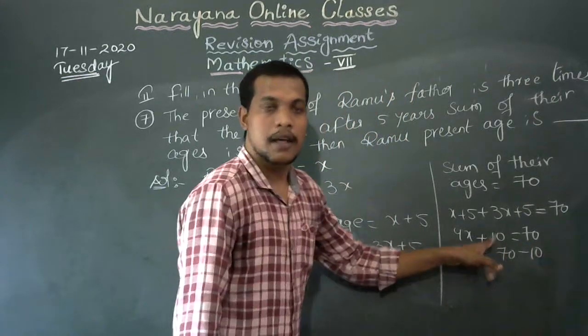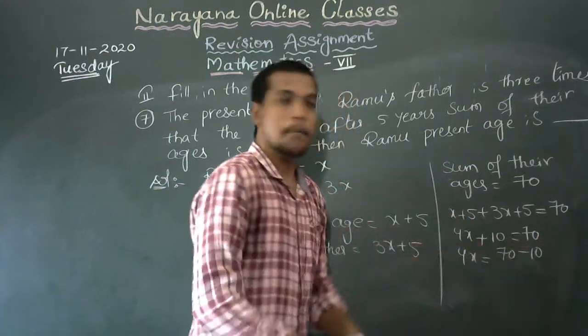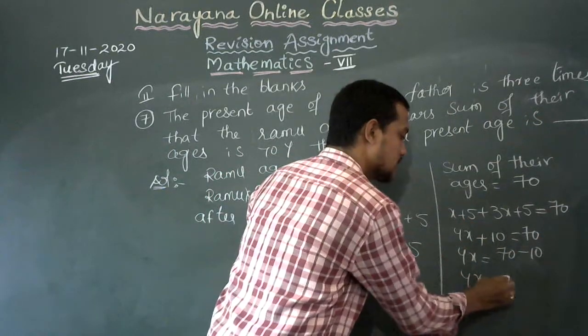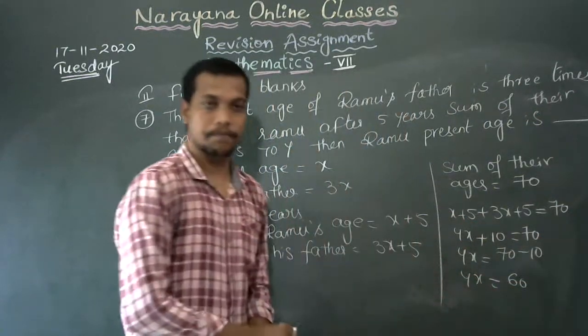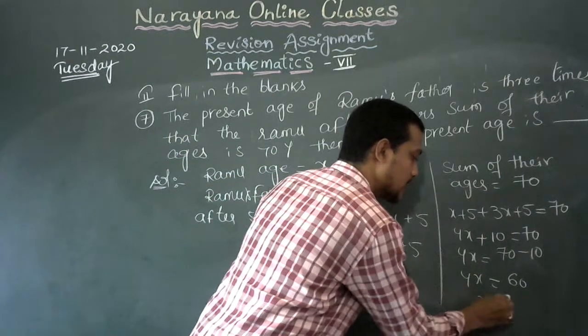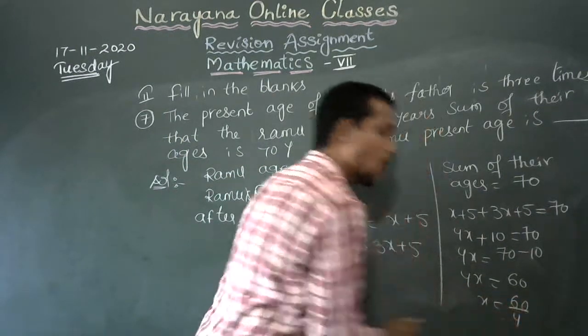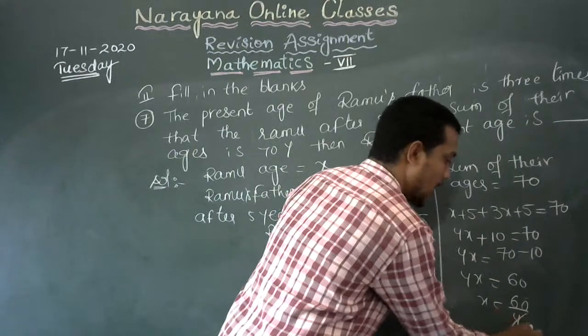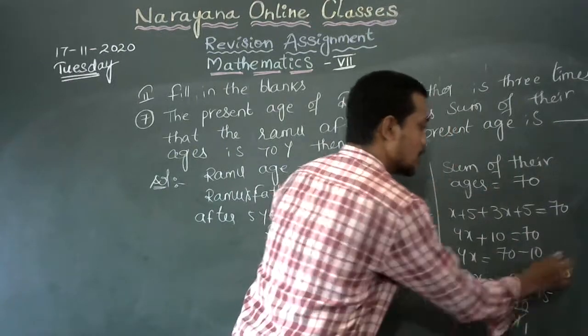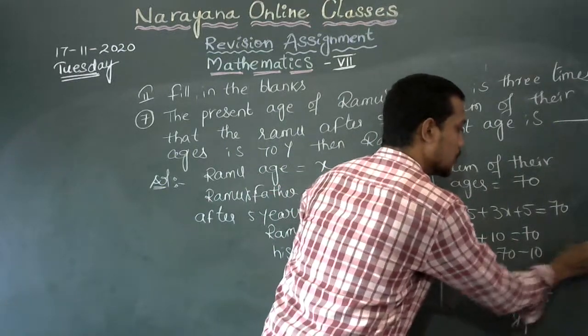Here plus 10, bring to RHS side means minus 10. 4x equal to 60. So x equal to 60 by 4. 4 ones, 4 15s. So x equal to 15.